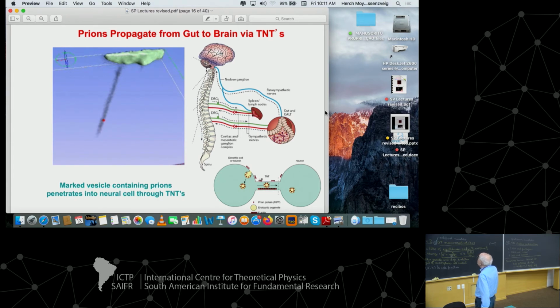They travel from the digestive system where the contaminated meat was introduced, and they travel all the way to the brain. And one can also follow, I didn't put the video here, but here is the prion. You can see how it travels all the way to a brain cell, and it penetrates within. You can also see it in the video. Okay?